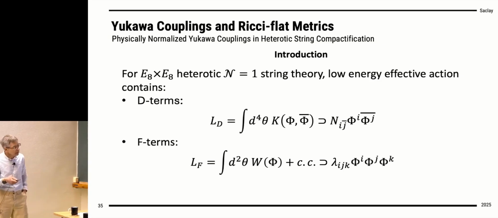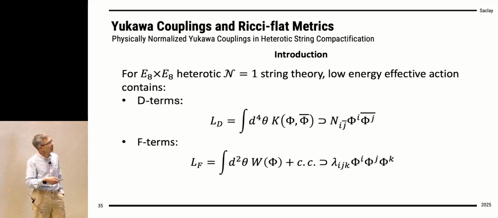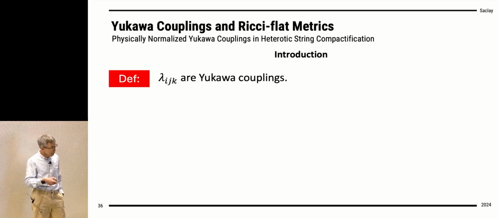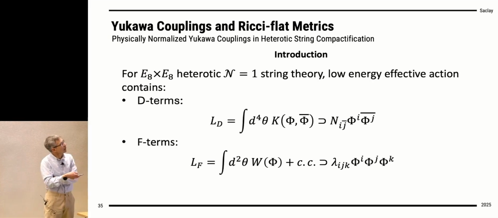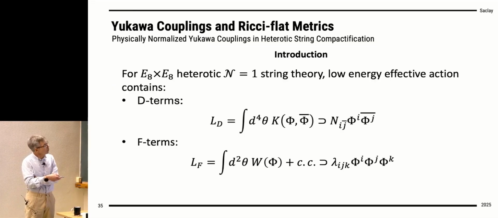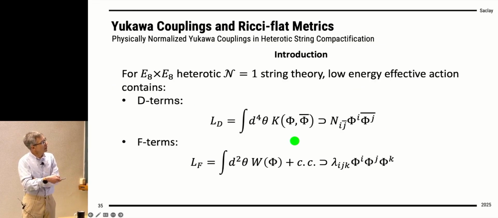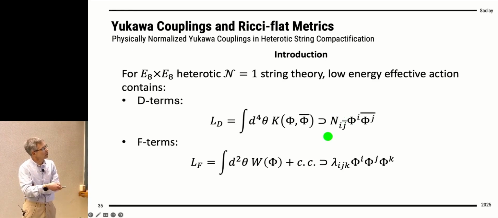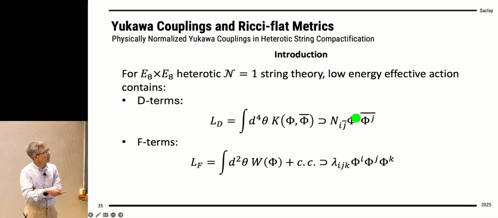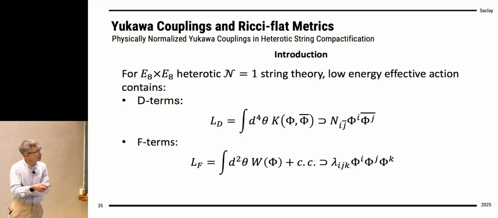Now, to finish off, I'm going to tell you about some more recent, ongoing work as well, with my colleagues, on computing the low energy effective action, and in particular here the kinetic term, the normalization, which is the metric on the Calabi-Yau manifold, and then the Yukawa couplings, the trilinear couplings that would arise in a 4-dimensional theory that you would obtain by compactifying on a particular Calabi-Yau manifold.